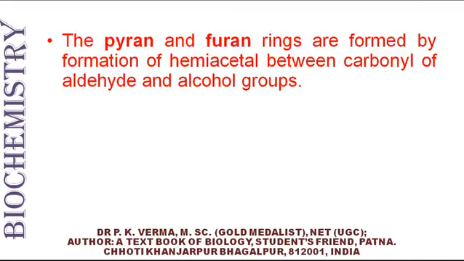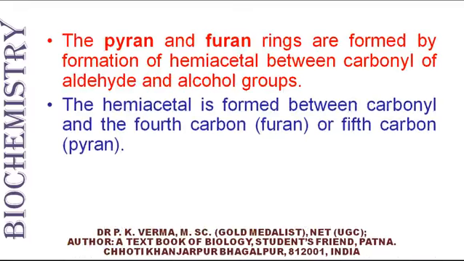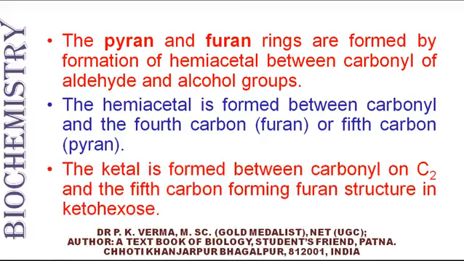The pyran and furan rings are formed by formation of a hemiacetal between the carbonyl of the aldehyde and alcohol groups. The hemiacetal is formed between the carbonyl and the 4th carbon in the furan and the 5th carbon in the pyran. The ketal is formed between carbon number 2 and the 5th carbon in the hexose sugars.